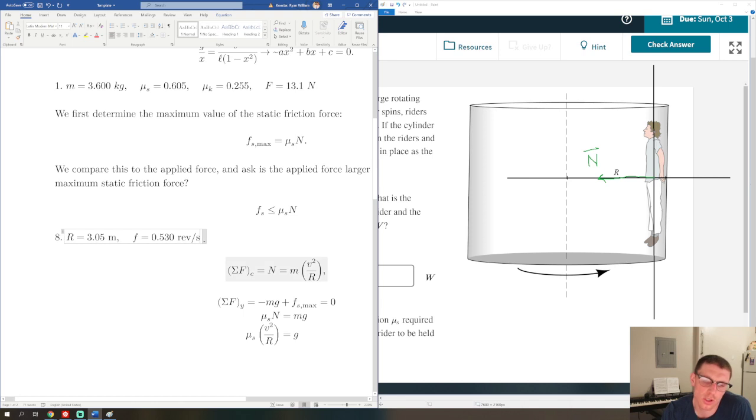Because just to say this one more time, one revolution corresponds to 2 pi times the radius, which is the circumference, right?